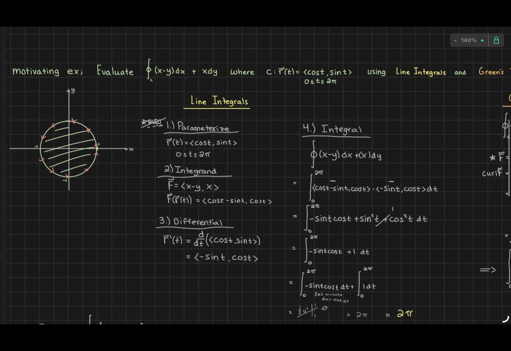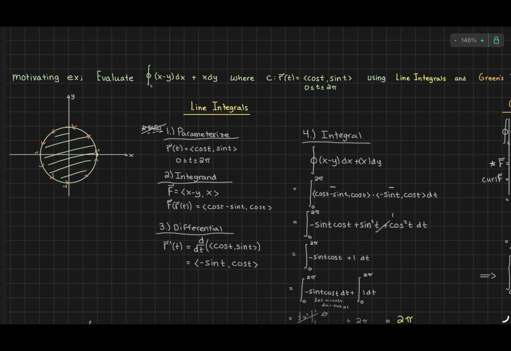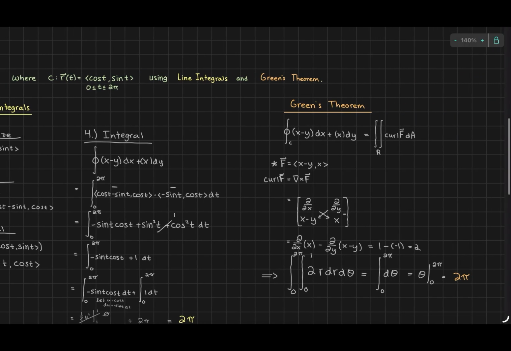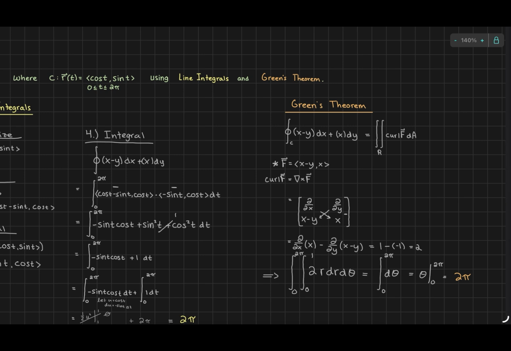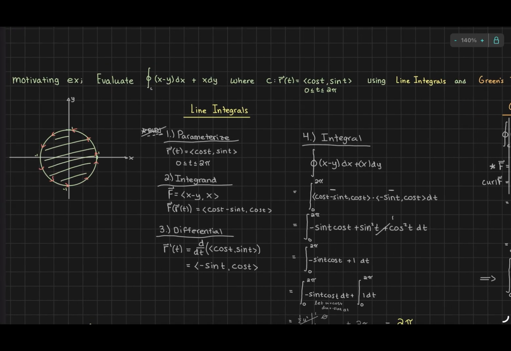A couple of notes here. Note that the line integral side was actually a lot more work. And although I took more time on the Green's theorem, perhaps explaining how it works, this was a pretty simple Green's theorem problem, and if we were already familiar with Green's theorem, I bet we could see how evaluating that simple double integral, computing the curl for the integrand and switching to polar coordinates would be a lot easier than going through our 4 steps: parameterize, change the integrand, solve for the differential, take the dot product, and then finally solve the integral.